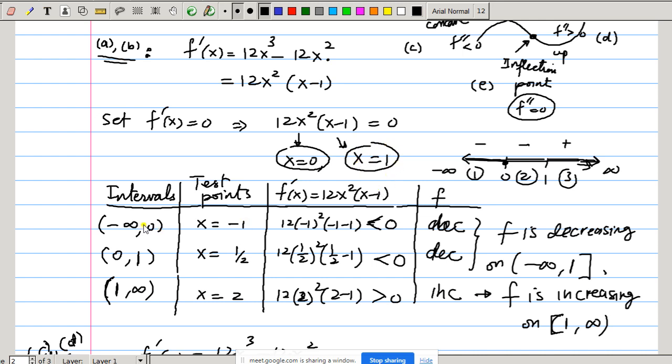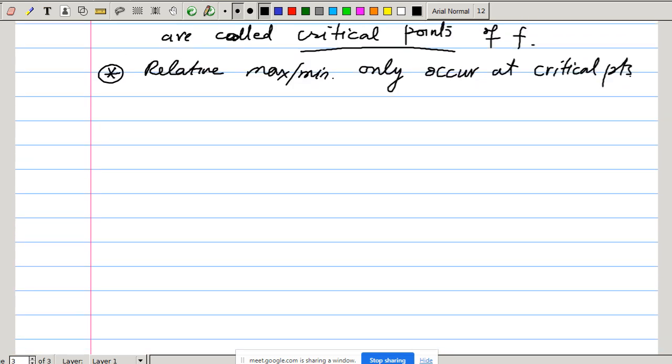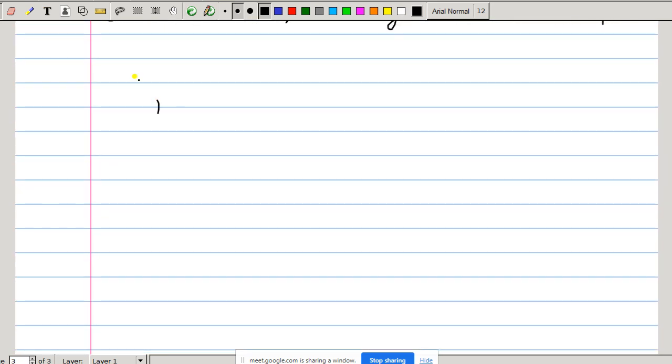Again I will write left of 0, right of 0. This is called the first derivative test for maxima and minima, when we look at what is happening to the left and what is happening to the right. Okay, so let's do an example.